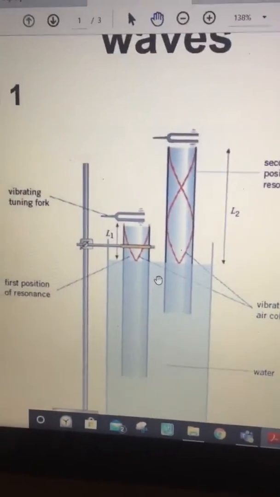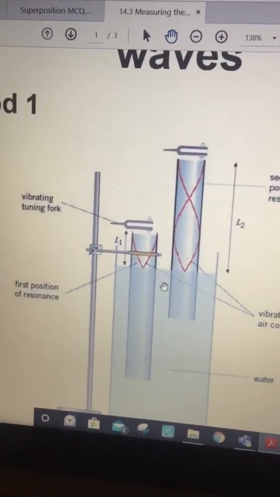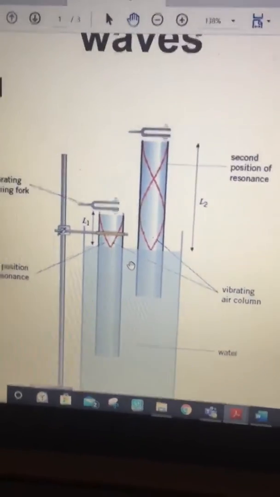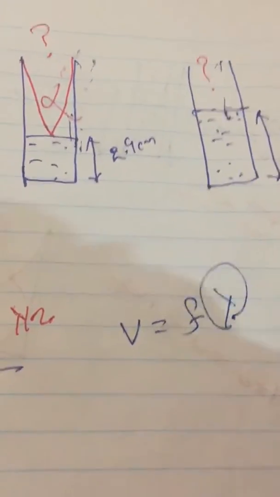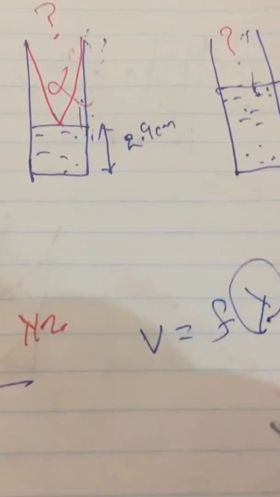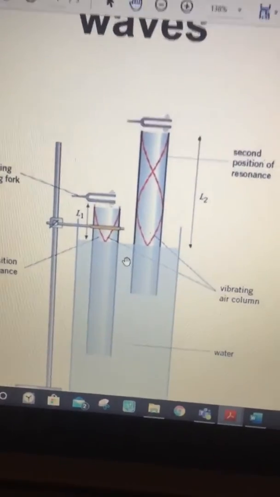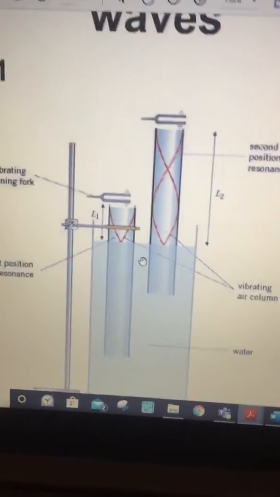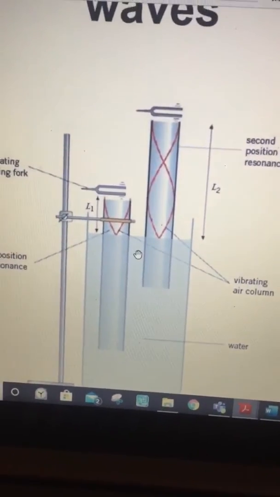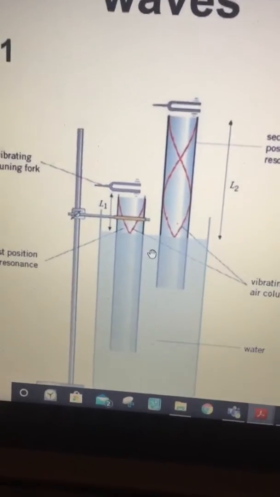The length should increase because the frequency is kept constant. We are using the same tuning fork there, so the velocity remains same, the frequency remains same, so the wavelength should remain the same, which means that the only way in which another harmonic can be formed is by changing the length and giving more space for the wave, right?